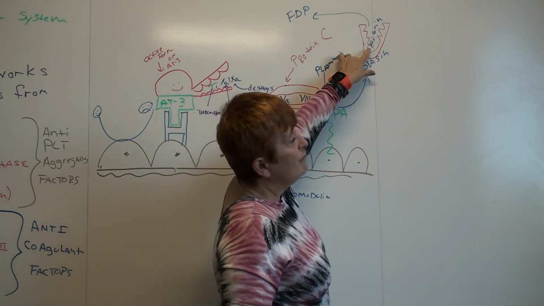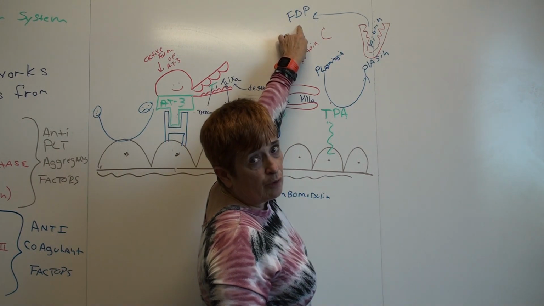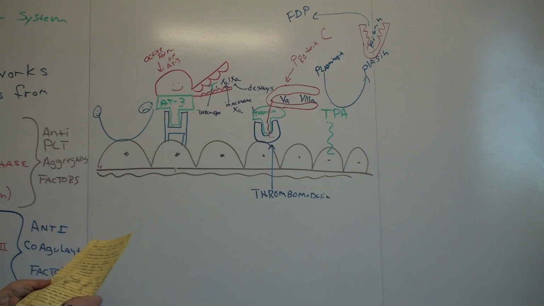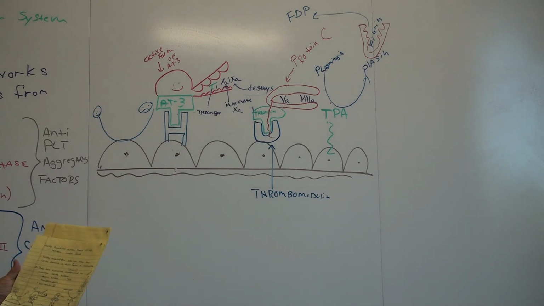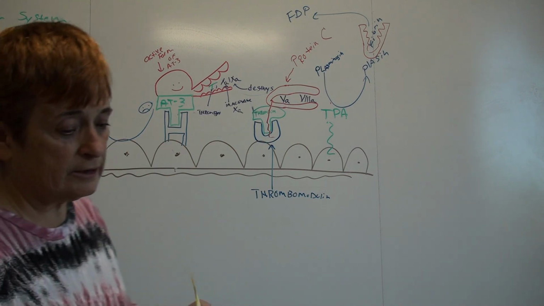Plasmin breaks down fibrin to fibrin degradation products. Okay, so protein C, I already said that. Tissue plasminogen activator, I have said that. Plasmin takes out the fibrin.